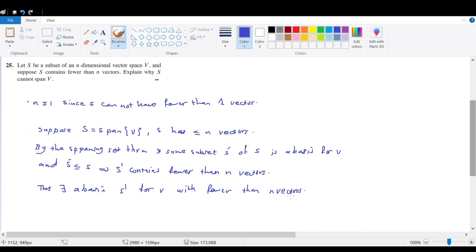But this is impossible by theorem 10, because theorem 10 says that any set spanning V with n vectors should be a basis.